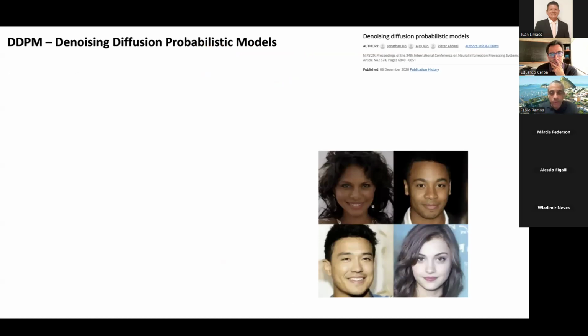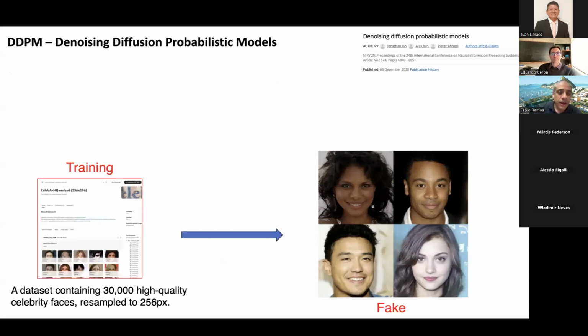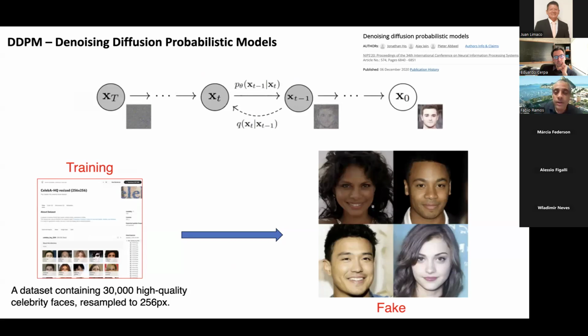So before any of you fall in love with any of these people here, I've got to tell you they are all fake. These people do not exist. They've been obtained through this diffusion model. Ho and his co-authors trained on 30,000 high quality celebrity faces. And what they do is the following. They take one of those pictures, add a lot of noise, encode, and they know how to regenerate from the encoded data.